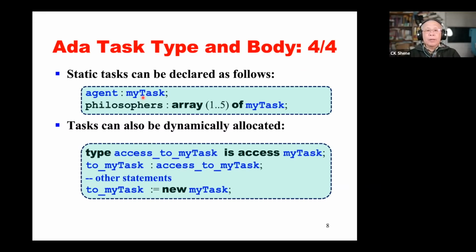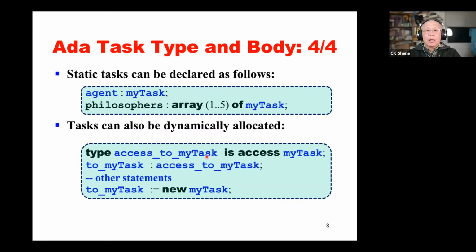And then here you declare agent, the identifier agent, as a task of the type my task. Here, philosophers is declared to be an array of 5 elements, each of which is a task of type my task.